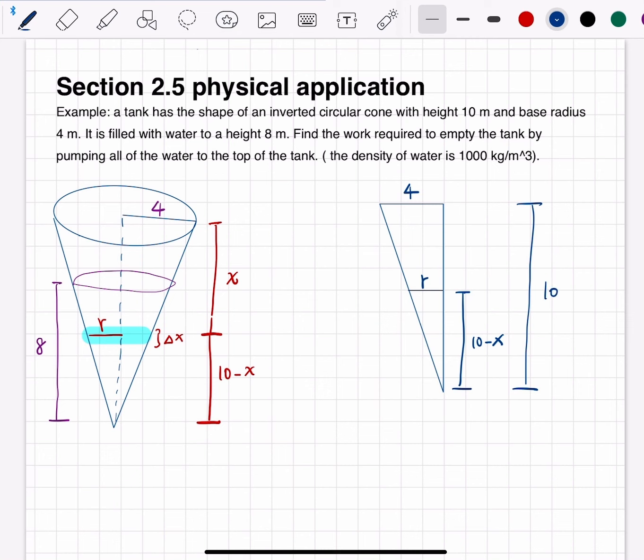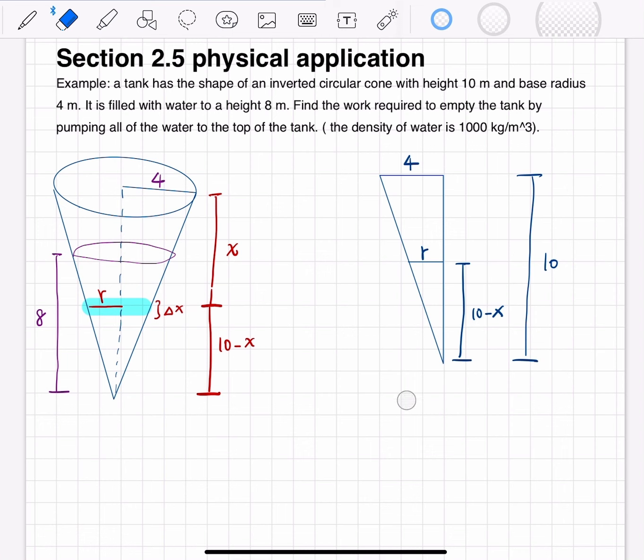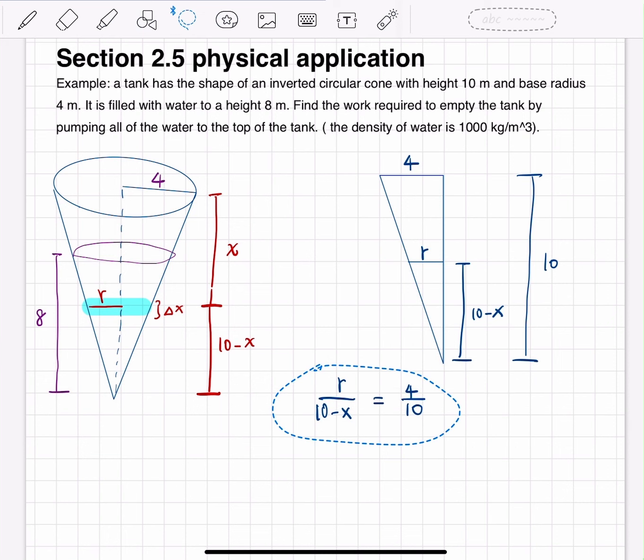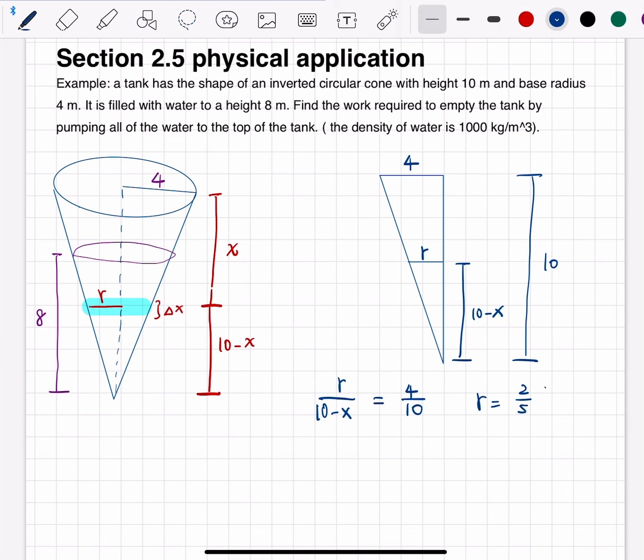From this, we can find the relation for the radius r using similar triangles, where r over 10 minus x equals 4 over 10. In other words, r equals 2/5 times 10 minus x.